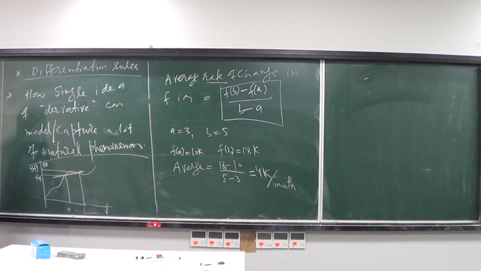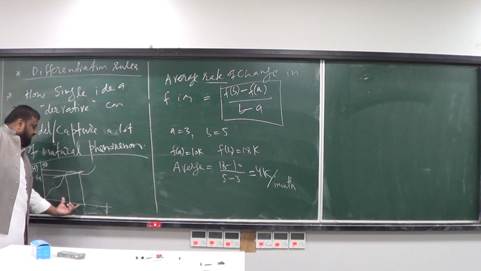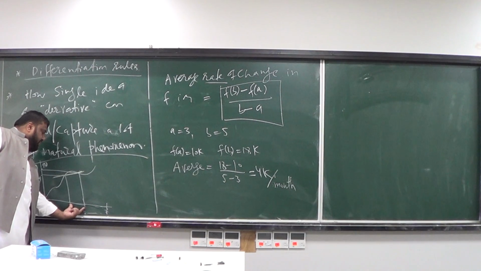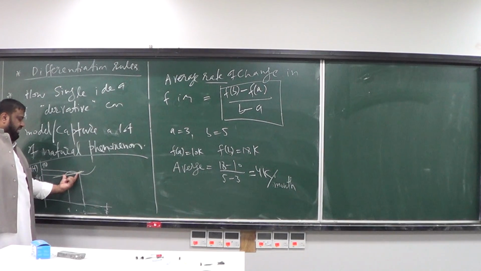Now we also talked about the definition of the derivative, and we said that if we bring these points closer, can you think what will happen with this secant line?